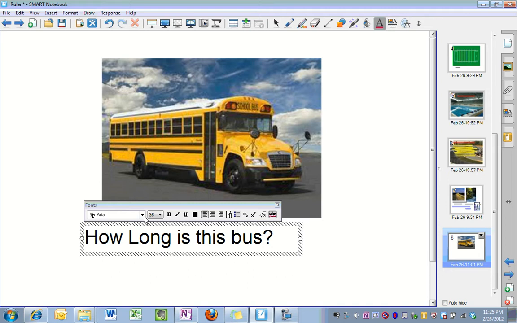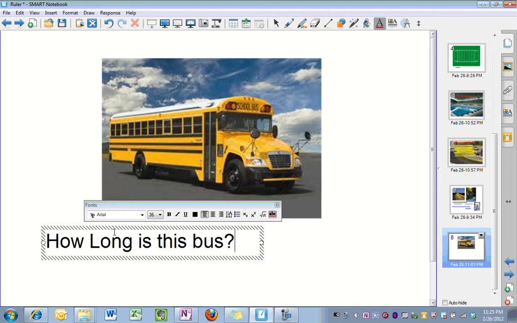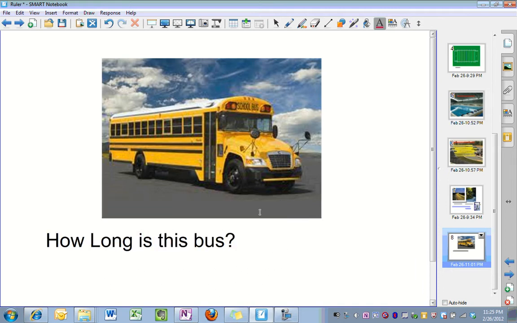And when I say estimate, I mean you're going to get an approximate. You're not really going to measure it because you can't really measure it, can you? The bus isn't really there with you, so you're just going to tell me approximately how long it is.